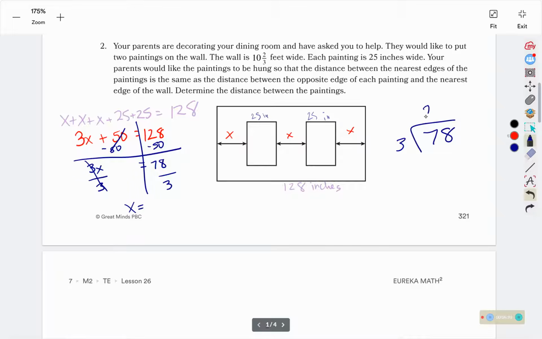Three fits into 7 twice. 7 minus 6 is 1. Bring down the 8. 3 fits into 18 6 times. So to determine the distance between the paintings, that is 26 inches.